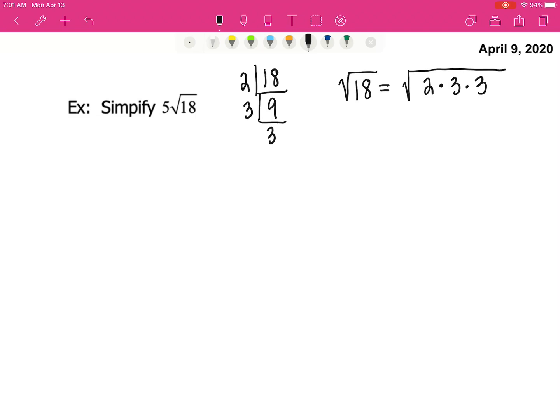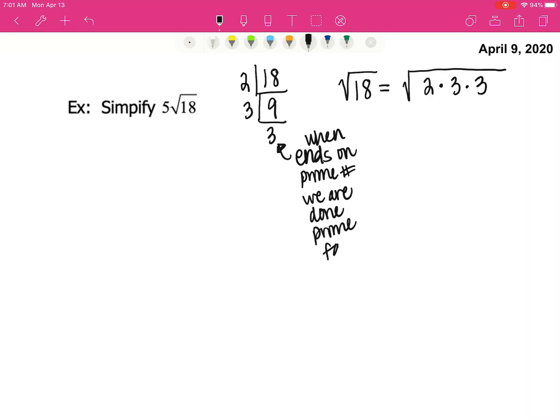And 3 does go into 9 3 times. This ends on a prime number. So when it ends on a prime number, we are done prime factoring.